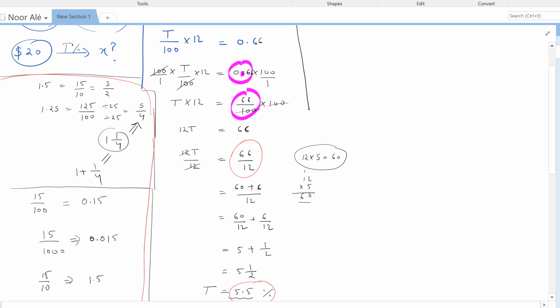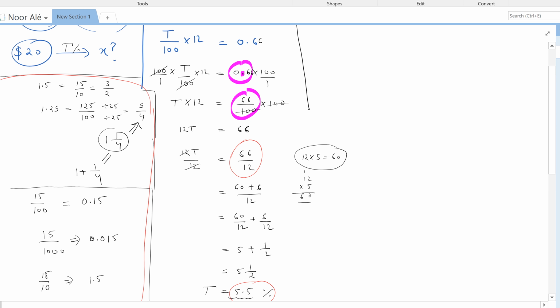So 5 times 12 was 60. Now you have to find a number which brings you very near to 78. So try 12 times 6. That's 72, good. So 12 times 6 is 72.